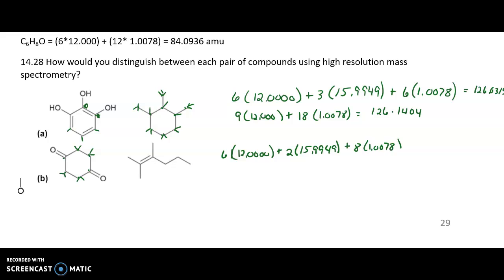It gives us a total of 112.0522, if I've read my writing correctly. Here we've got 1, 2, 3, 4, 5, 6, 7, 8 carbons.